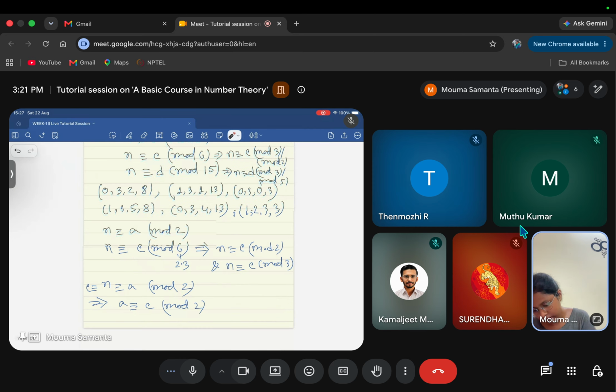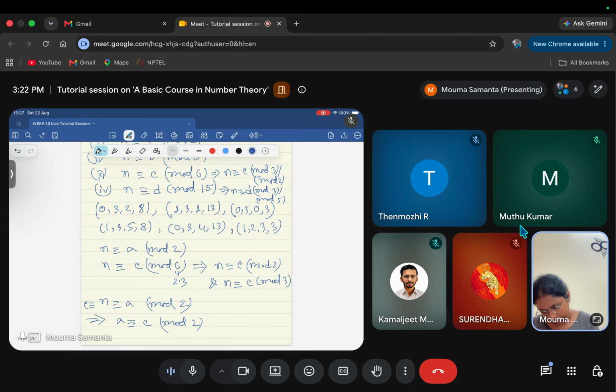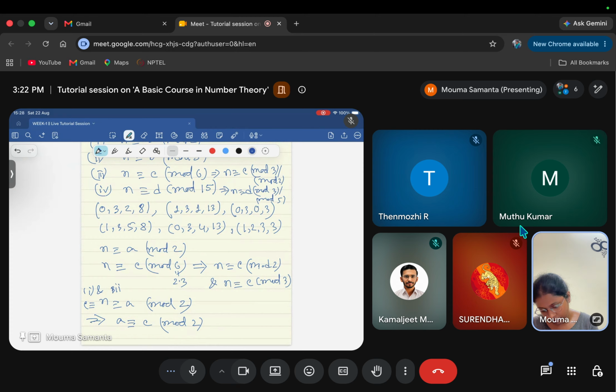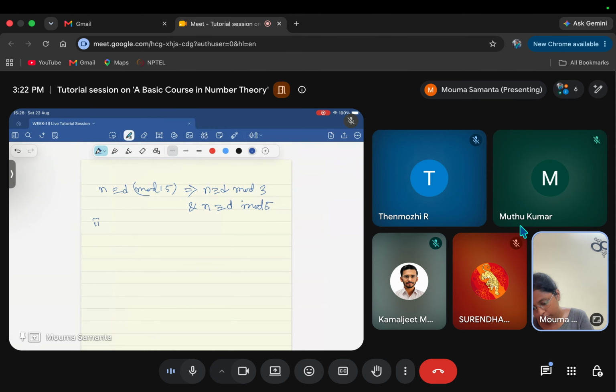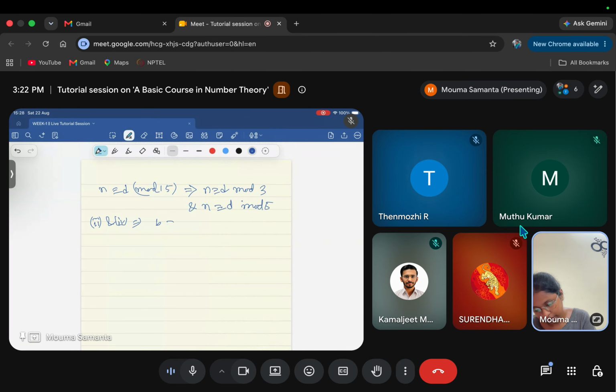So just number it 1, 2, 3 and 4. So 1 and 3 imply a is congruent to c mod 2, and 2 and 4 imply b is congruent to d mod 5.